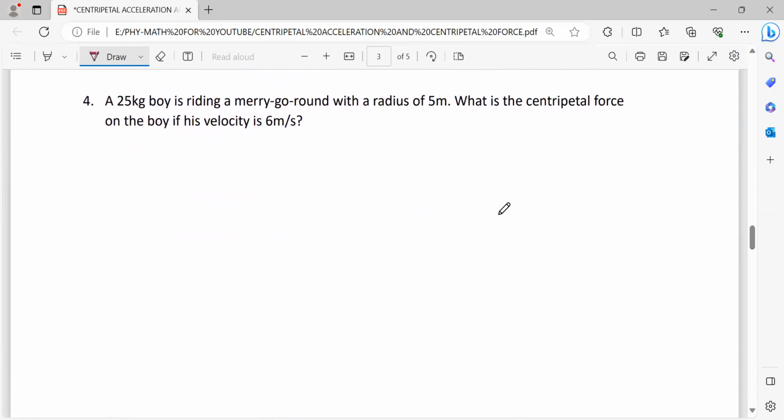A 25 kg boy is riding a merry-go-round with a radius of 5 meters. What is the centripetal force on the boy if his velocity is 6 meters per second? Okay, identify first.